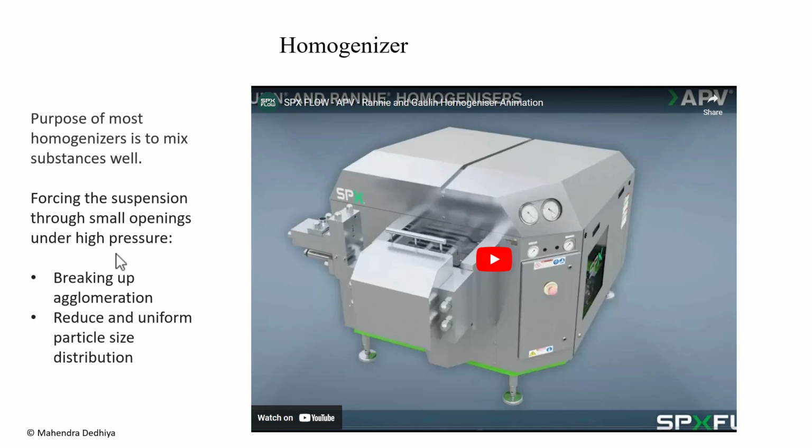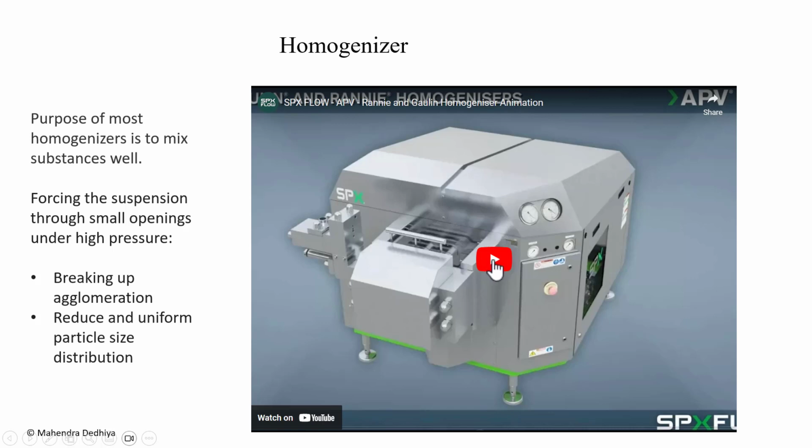In this case, agglomerations are broken due to high pressure. It can also be used to reduce the particle size. One has to be very careful. It's very clearly specified. Homogenizers are used to generate nano suspension. Micro suspension is fed into high pressure homogenization that generates a nano suspension.